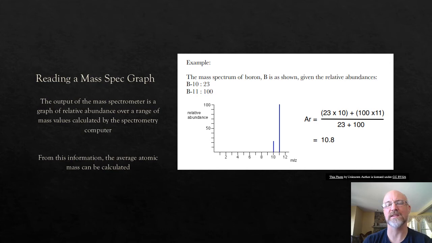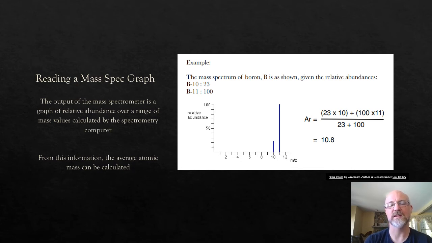We multiply the percentage by the result we have, sum them up, and divide by the total output. Even though that relative abundance isn't truly a percentage, sometimes they're given as percentages, sometimes as actual relative numbers to each other. In effect, we weight each one based on how many we get at that particular mass out of the total distribution. And that's where, for example, boron's average mass comes out to 10.8.